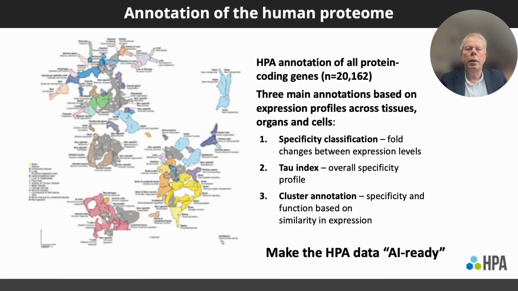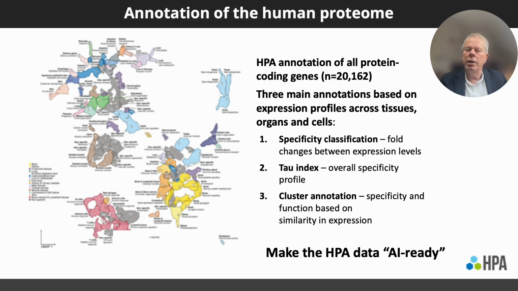An important objective of the Protein Atlas program is to annotate all the human proteins. This is done with 3 main annotations based on expression profiles across tissues, organs, cells and blood. The first classification is based on specificity, which shows the fold changes between different expression levels.